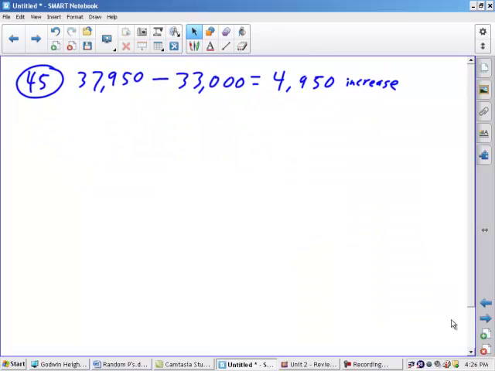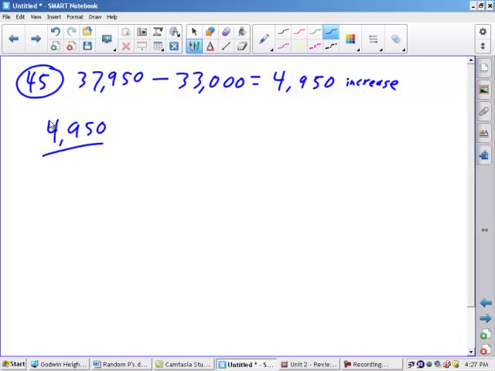For 45, you can read the problem, but I just went ahead and did my increase from the 37 number to the 33,000. That gives me an increase of 4,950. So my increase on top is 4,950, and I then need to write down my original amount, which was 35,000. So I need to divide those out.